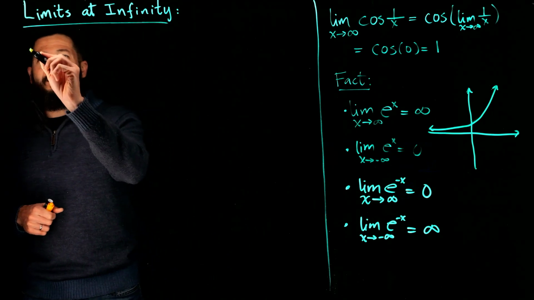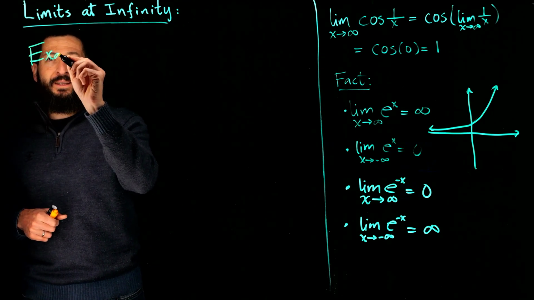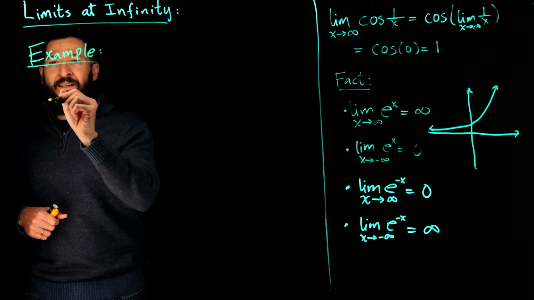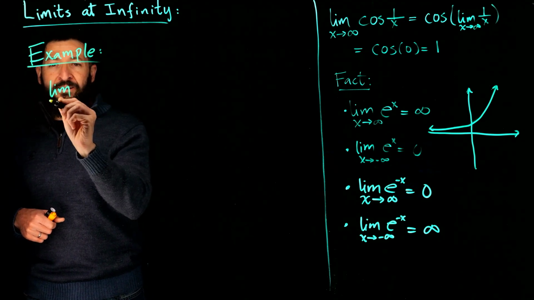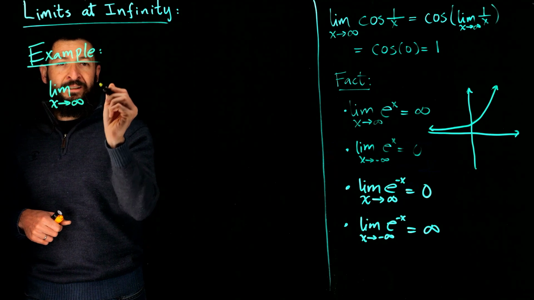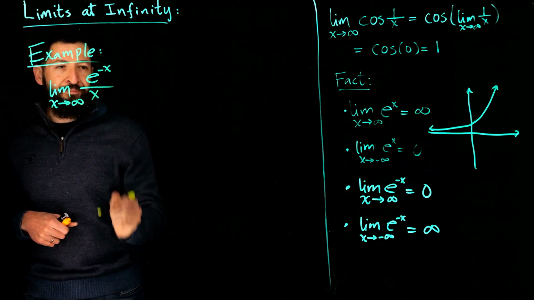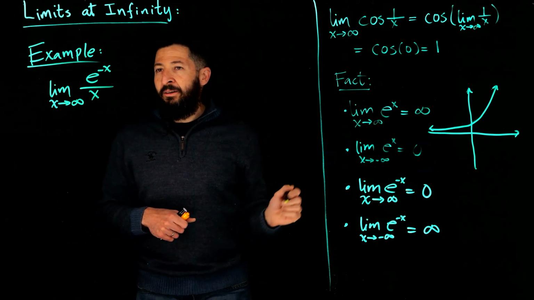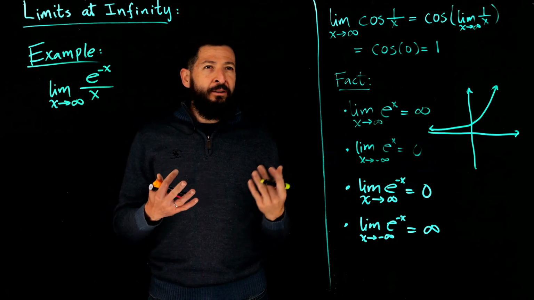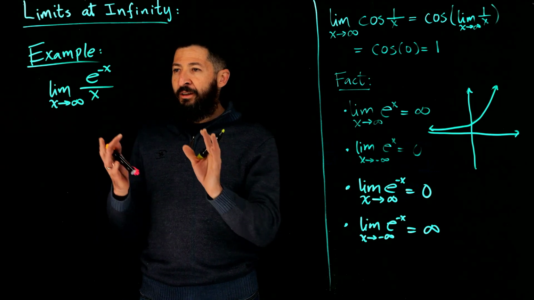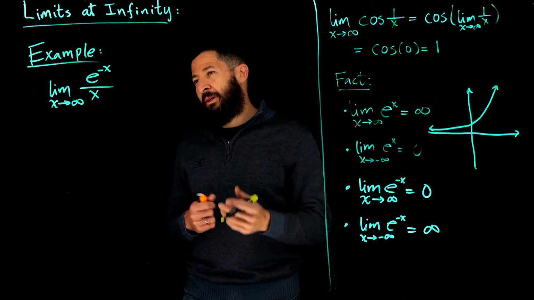All right, so one last example for this video, where we use the exponential. So let's say that we're going to compute the limit as x goes to positive infinity of e to negative x over x. So let's take a look at what happens. So this one we really don't have much of a strategy, but we can tell that this is the product of two functions, if you will, or the quotient.